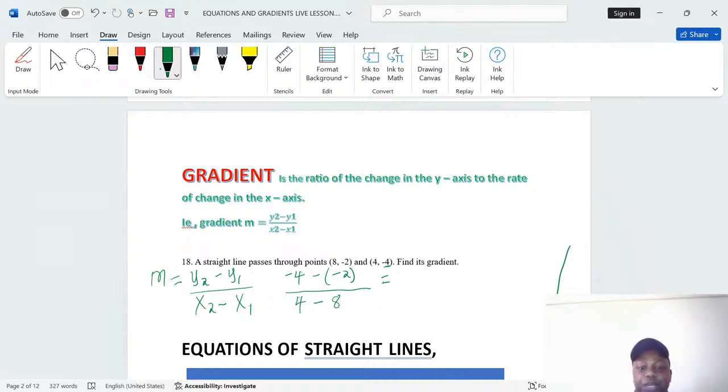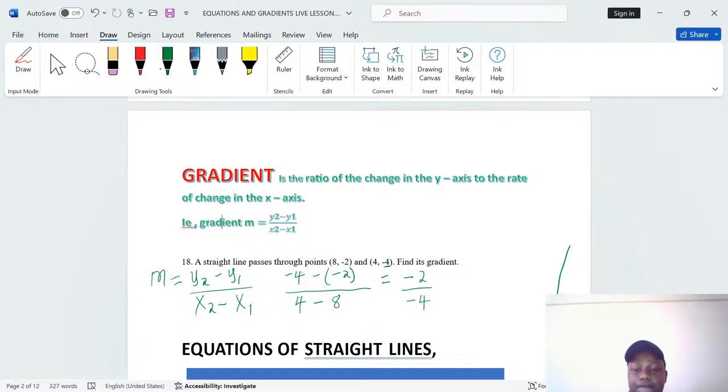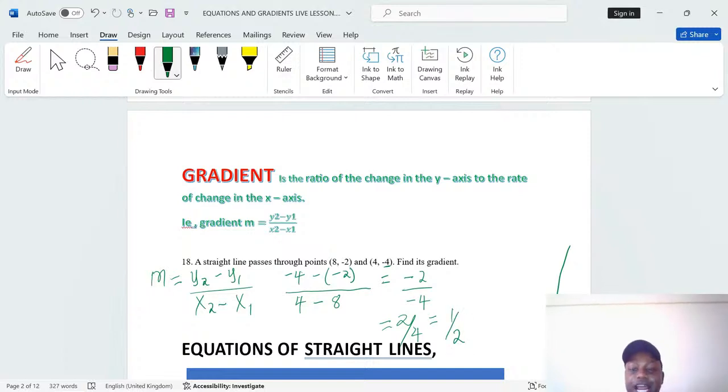So this gives us -4 + 2, which is -2, out of -4, because 4 minus 8 is -4. The negatives cancel, and we have 2 out of 4, which is 1 out of 2. So the gradient is half.